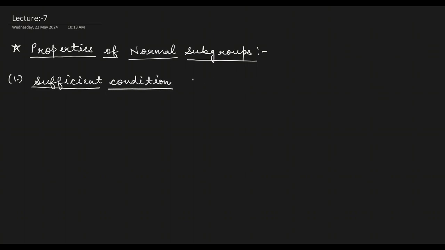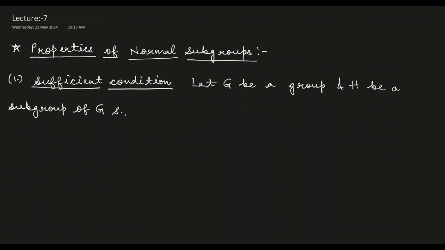Let G be a group and H be a subgroup of G such that index of H in G is 2. Then H is normal in G.